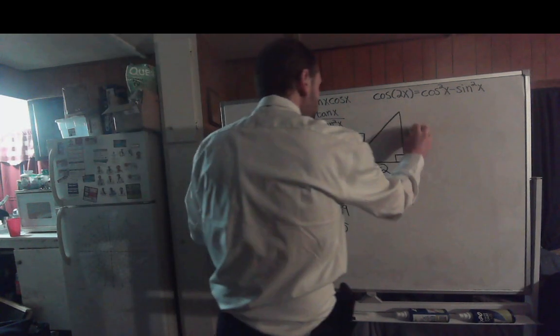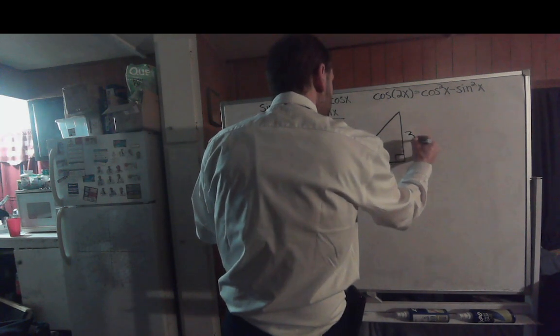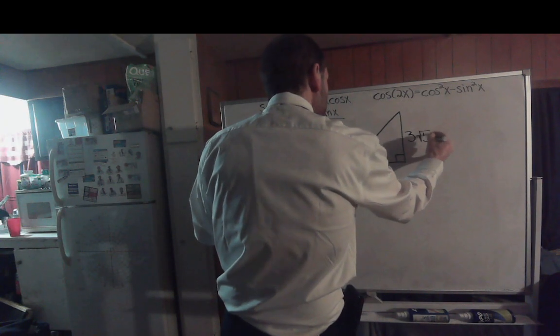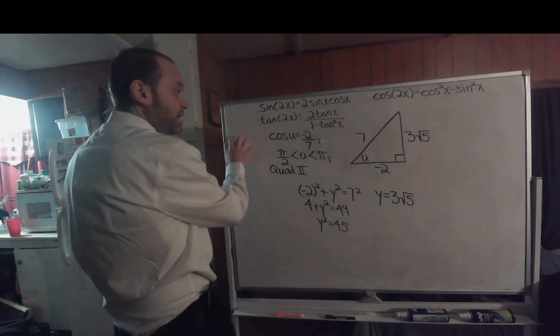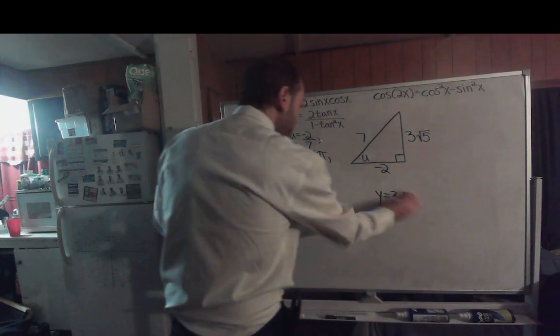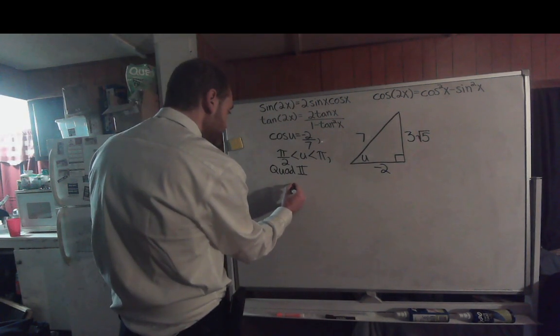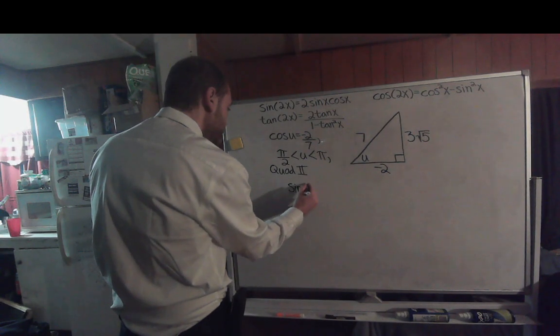So we should end up getting that the missing side is 3 times the square root of 5. From here we can find the three main trig values, starting with the sine of 2u.